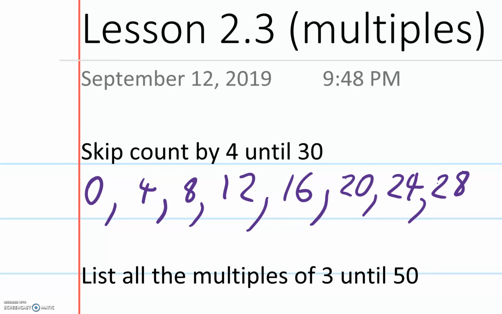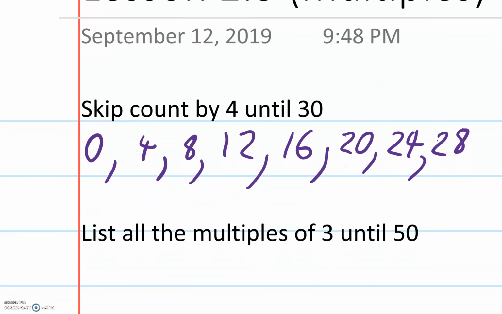This is the better way of looking at it, because this is where the word multiples comes from. It's like the word multiply for a reason. So what it means is, how do I get 0 with 4? I go 4 times by 0. How do I get 4 with 4? 4 times 1.